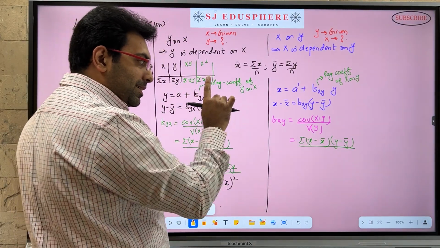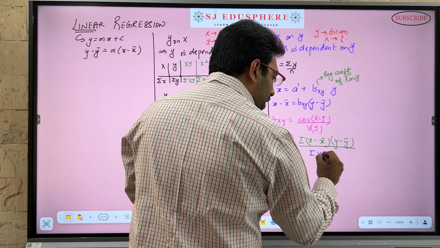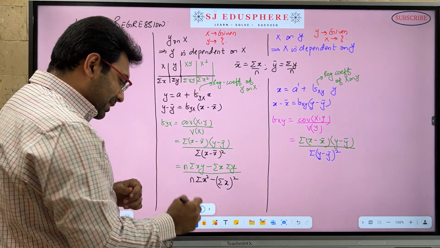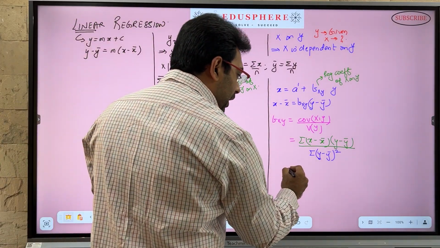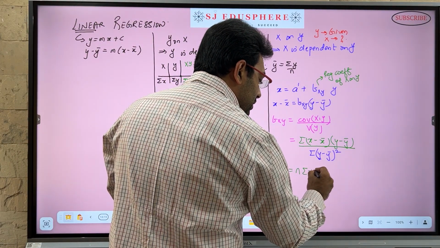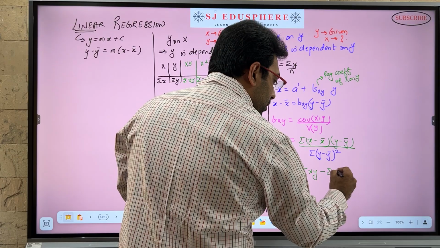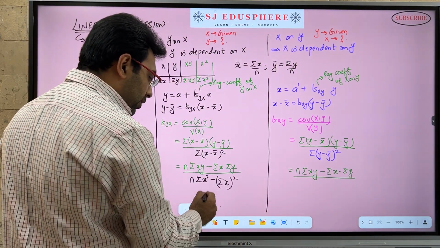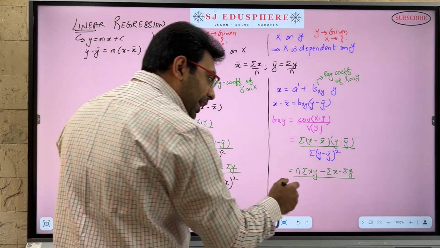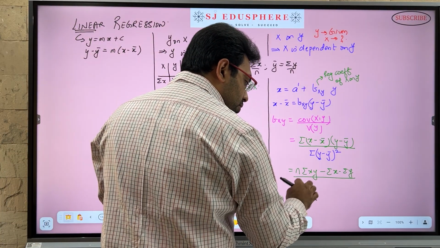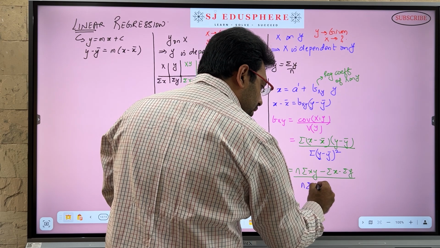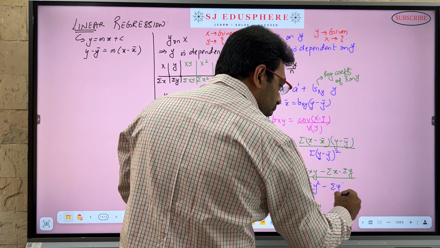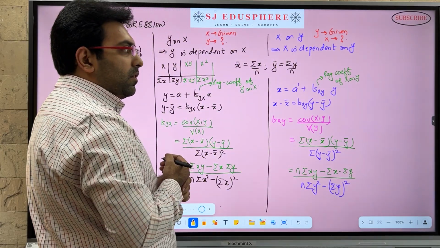Read all the x's as y's, and you have y minus y bar the whole square. Similarly, keep the same formula: n times summation xy minus summation x summation y upon, I need only y. Read all the x's as y's. So n summation y into y is y square minus summation y into summation y will give you summation y the whole square.